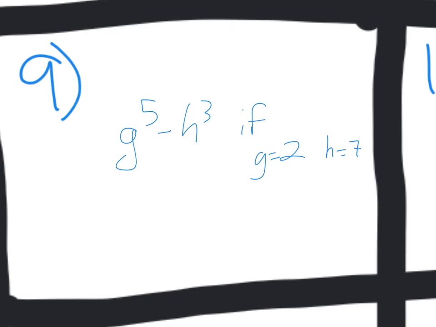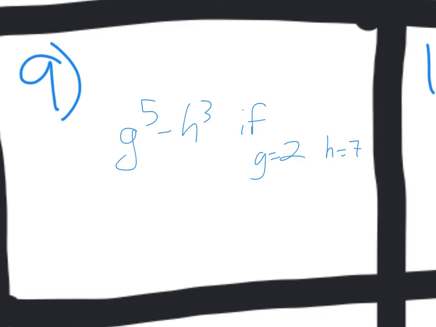All right, for number 9, we have to evaluate an expression where g to the 5th is subtracted by h to the 3rd, when g equals 2 and h equals 7. So the way that Mr. Morrow explained this in class is we want to set up parentheses wherever we see variables.